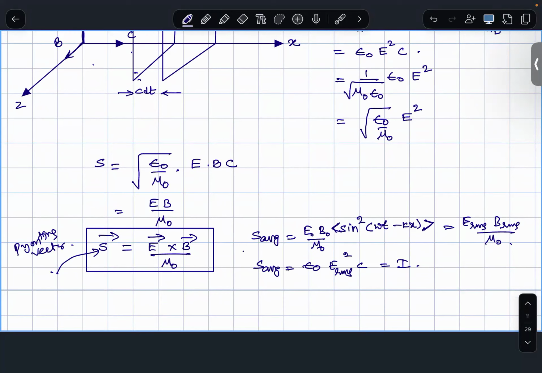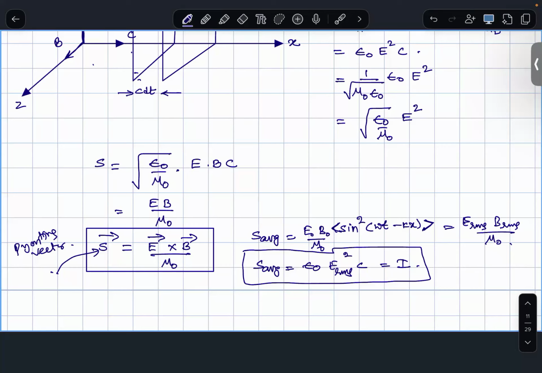So therefore, the average value of Poynting vector is nothing but the intensity at that place. What is the objective of Poynting vector? It gives you the direction of propagation of light at that point. S bar's main intention is to give you the direction of propagation of the wave at that point.